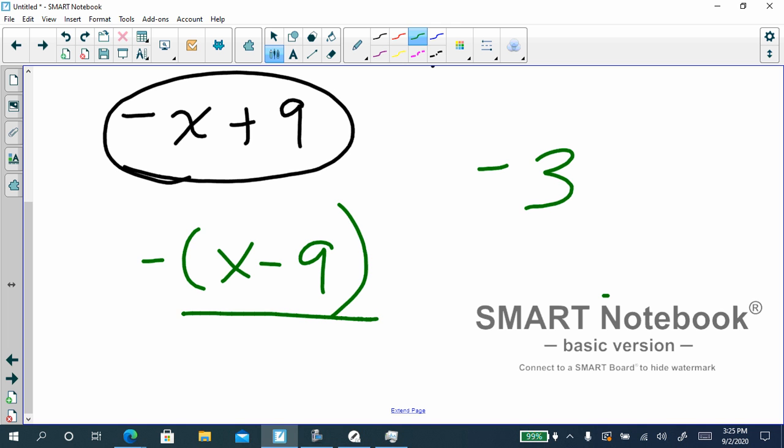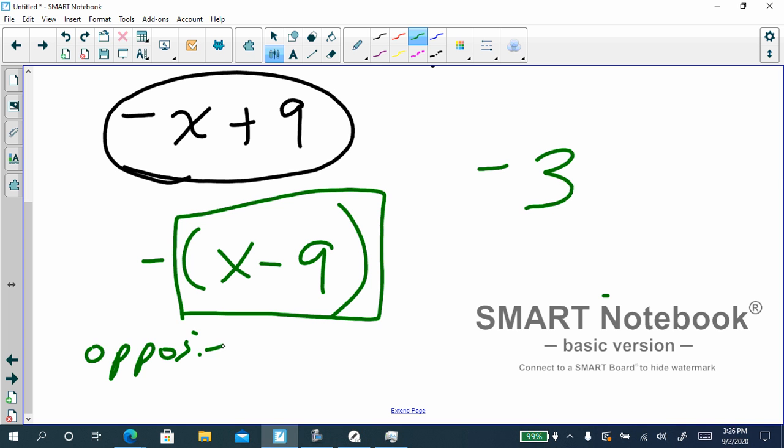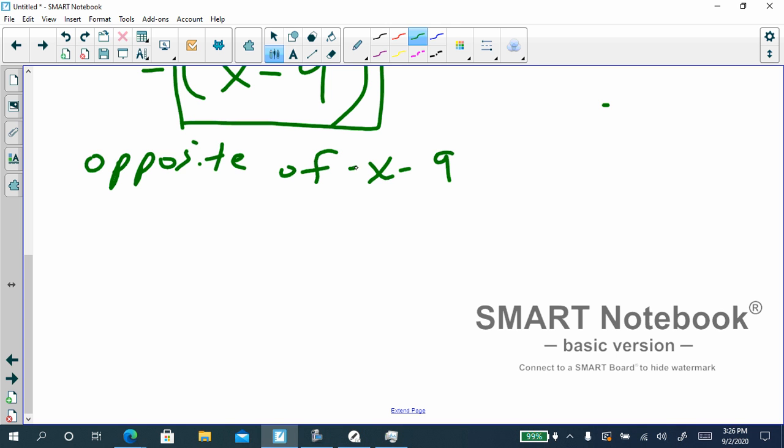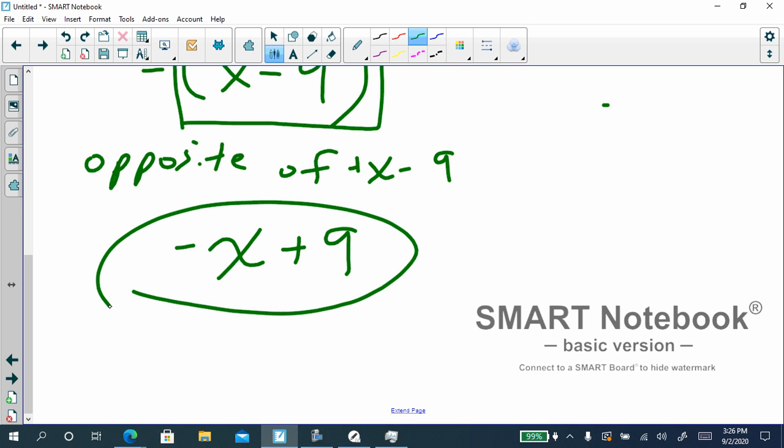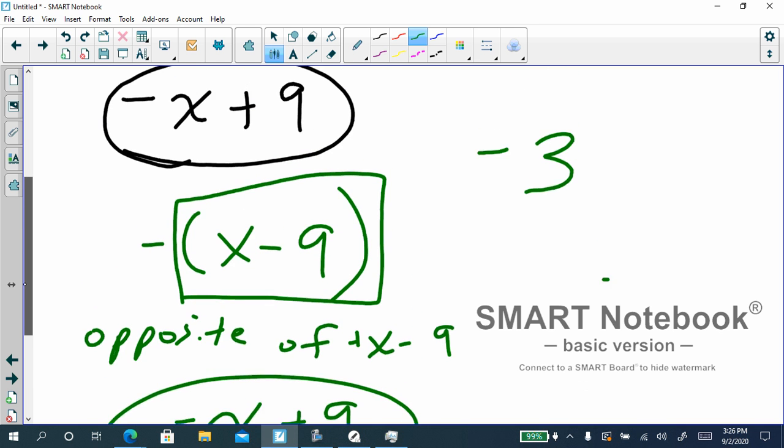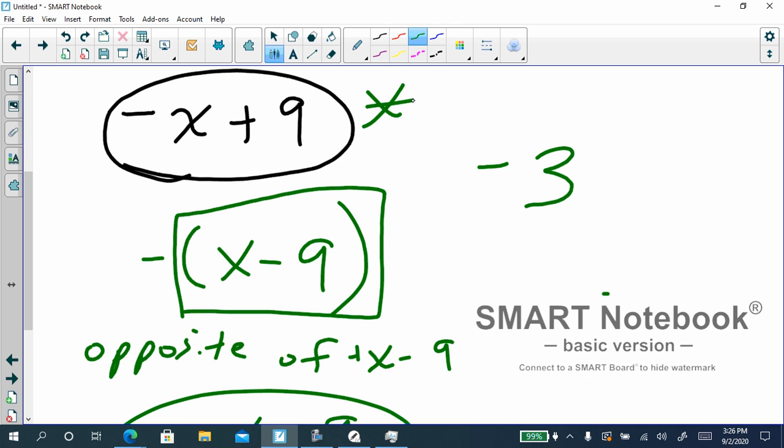So if we have a negative in front of this parenthesis, it wants the opposite of x minus 9. Well, the opposite of a positive x is a negative x. The opposite of a minus 9 is a plus 9. Notice we end up with the same thing we got here, just a different way of thinking through it.